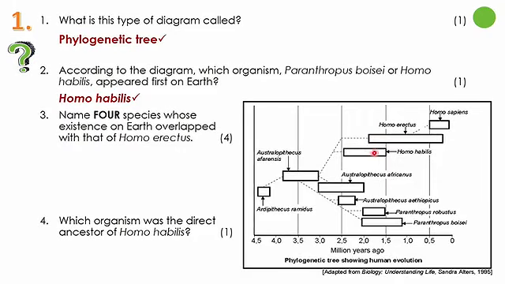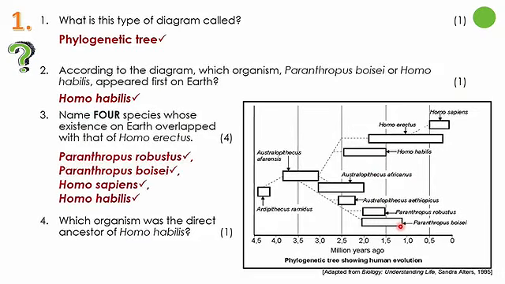So because Homo habilis's period overlaps with Homo erectus, that's one example. We can clearly see Homo sapiens coexisted with Homo erectus during the same period of time. Then we go further down. We can see Paranthropus robustus existed and Paranthropus boisei. So there's our list as indicated. Okay, so we need to find overlapping bars with that piece of Homo erectus right there.